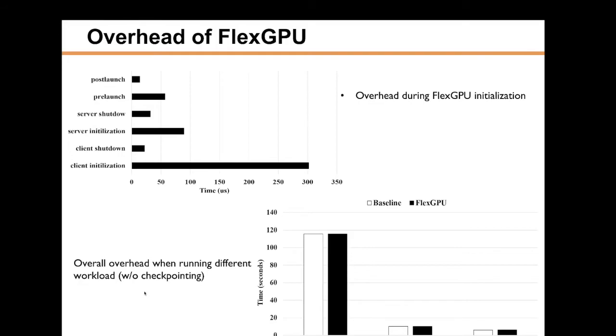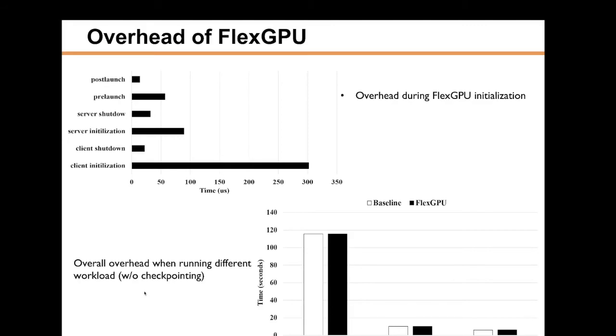And allocating memory spaces for this information requires a longer time. It should be noted that both the cost of pre-launch and post-launch are less than 60 microseconds. Further, although these costs are counted every time the corresponding CUDA APIs are called, the overhead is still acceptable when compared to the execution time of the application.